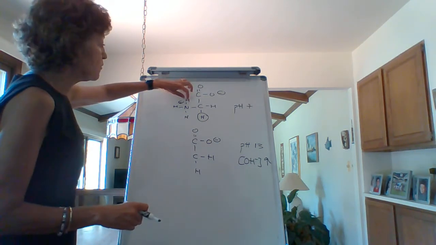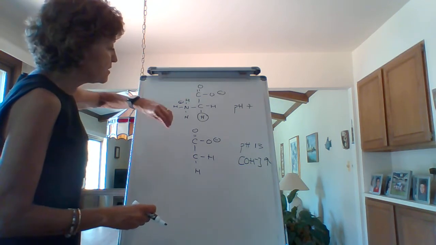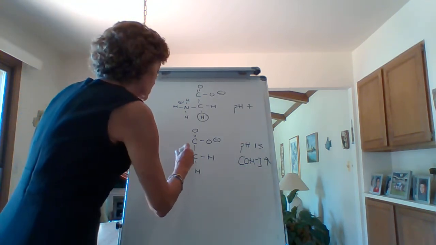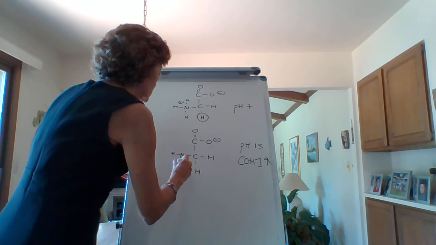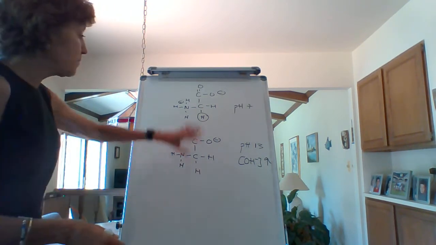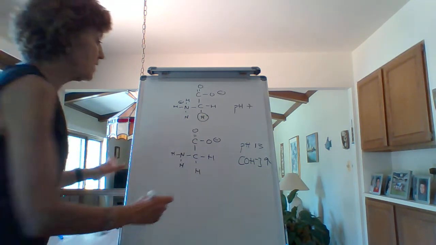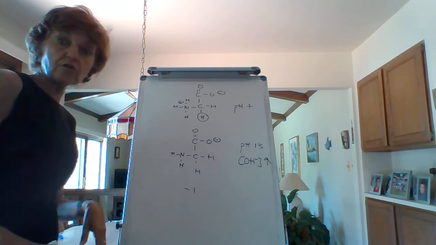This one over here. This can get deprotonated. So this gets deprotonated and you end up with this. So at a super high pH, glycine's going to look like this. Notice it has a -1 charge.